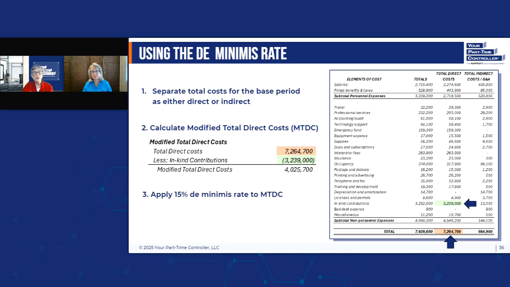Then we apply the 15% de minimis rate to the remaining $4 million. That's our modified total direct costs. And we end up with allowable indirect costs using that rate of $603,000 and change. And you'll note that that is below the number in our audited indirect cost column. And this is often the case and a reason to consider negotiating for a NICRA, a rate agreement.